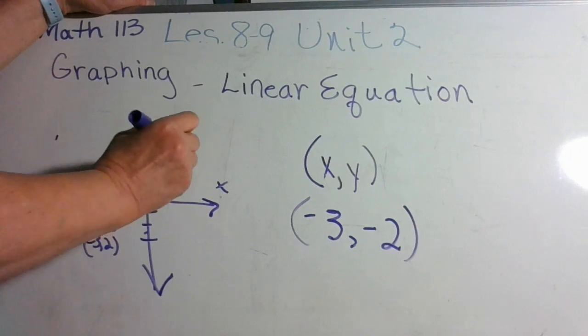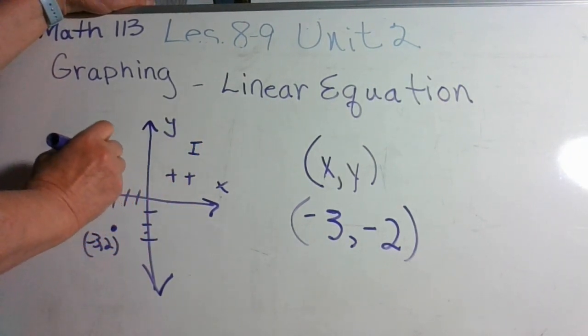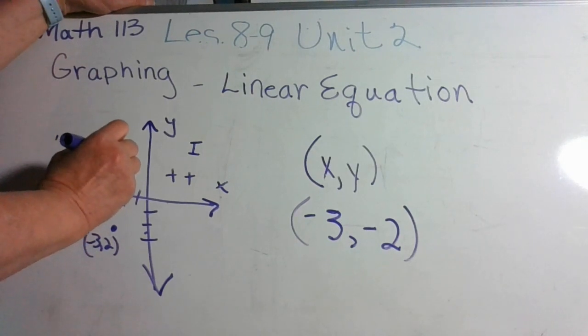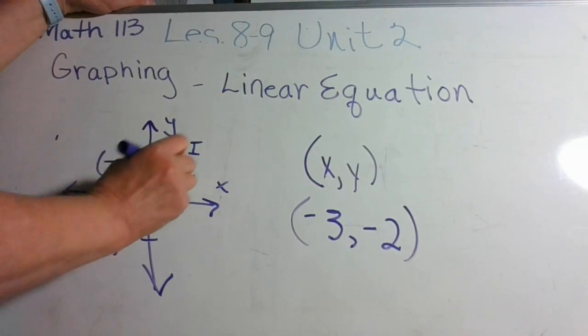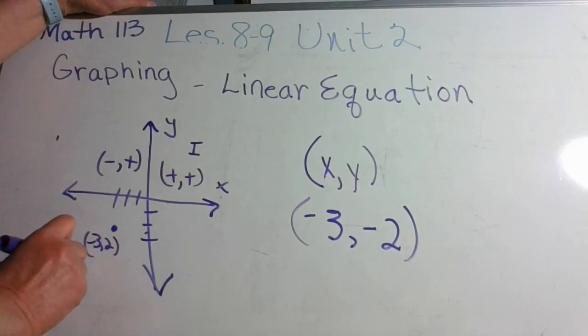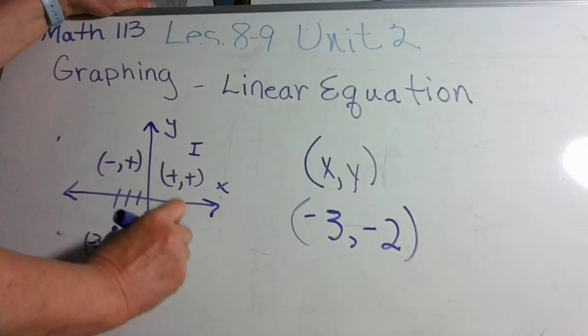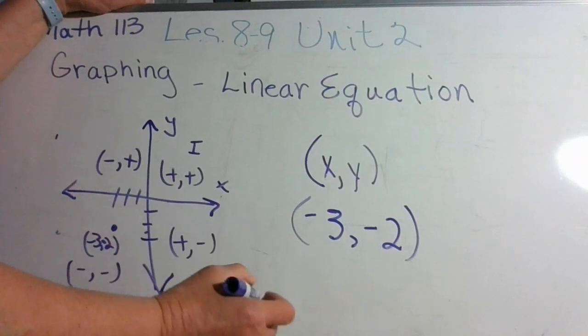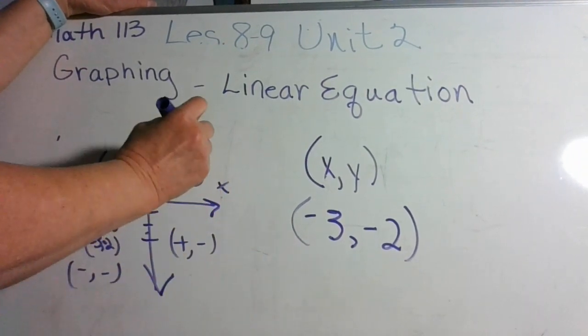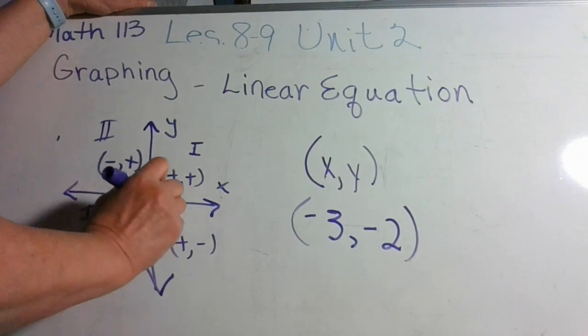Every point in the first quadrant here is going to be positive, positive. This one is going to be x negative, y positive. Down here is going to be negative, negative. And over here is going to be positive, negative. So this is quadrant 1, 2, 3, and 4.